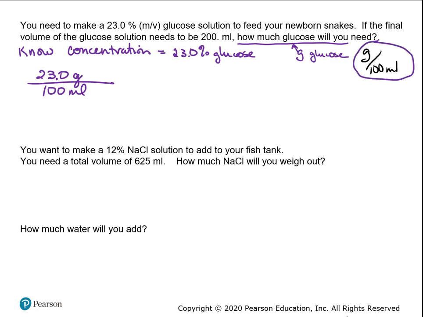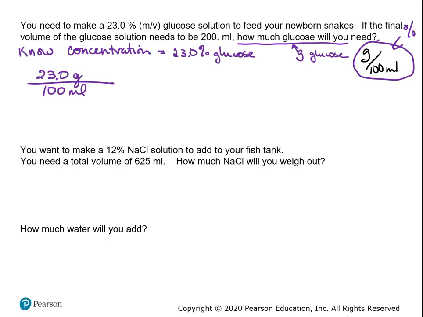So all percent, change it to that. Just like molar, change it to moles per liter. This, you're going to change it to grams per 100 mils. So concentration times volume is going to tell me how much glucose. So where's my volume? It's going to be down at the bottom over there.